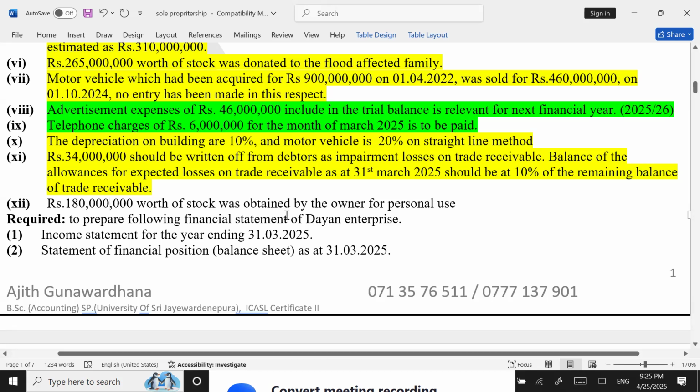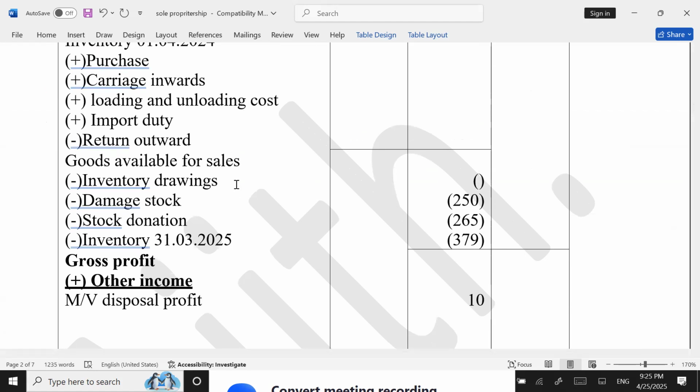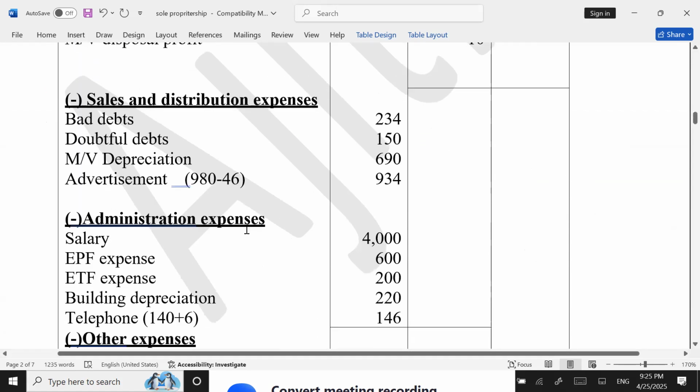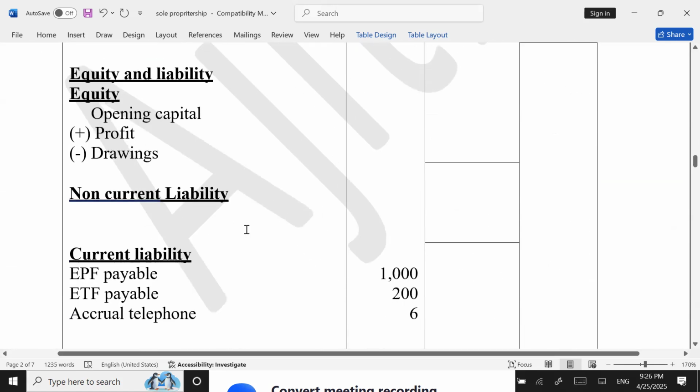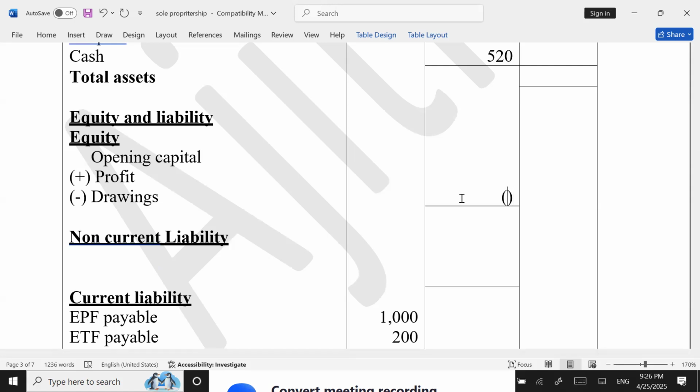Therefore, this value should be deducted under cost of sales calculation as well as under equity. Write the same value under cost of sales calculation as inventory drawings in the second column within brackets, 180, as well as under equity. Sometimes the trial balance also gives drawings, but in this example it is not given in the trial balance. Therefore the same value, 180, should be deducted under equity.